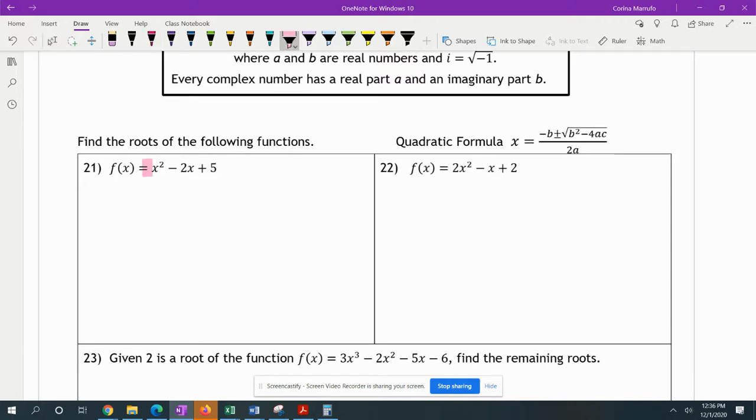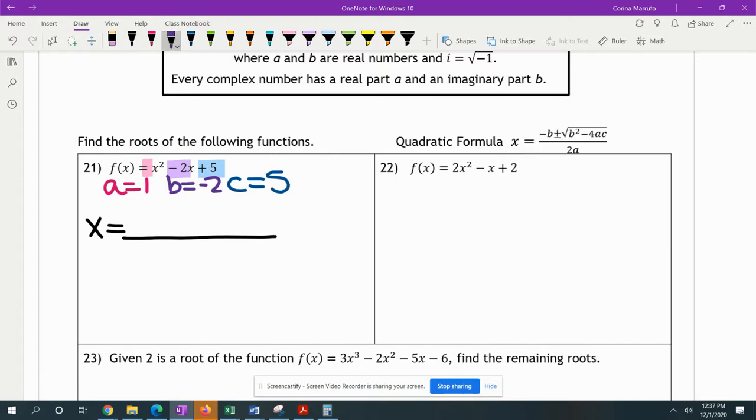So remember that a is the number being multiplied with the x squared. In this case, it is 1. The b is the number being multiplied times the x. Which b equals -2. And then the c is the constant by itself, which gives us 5. So we go ahead and plug it into our quadratic formula. So we have x equals, and then it's -b.